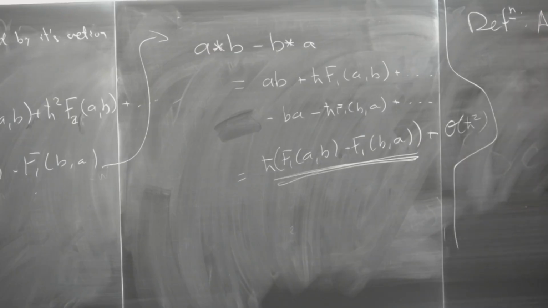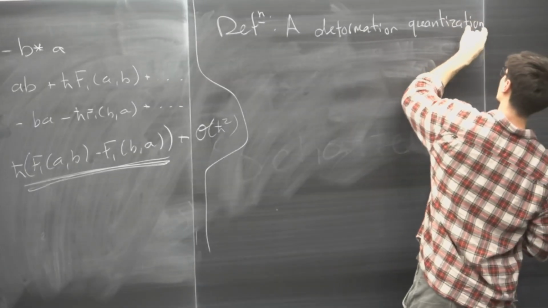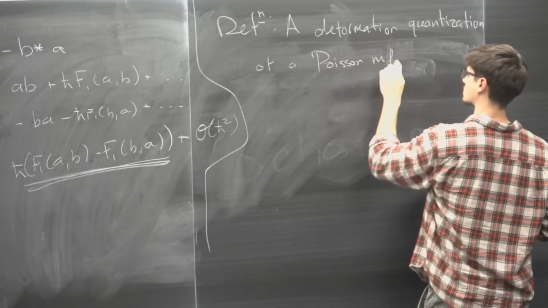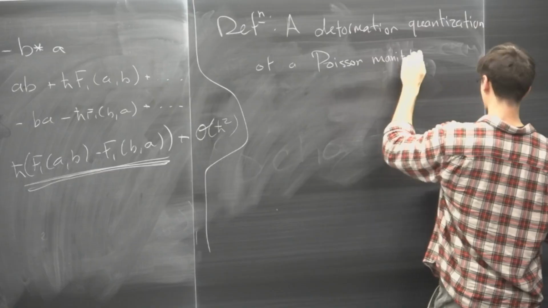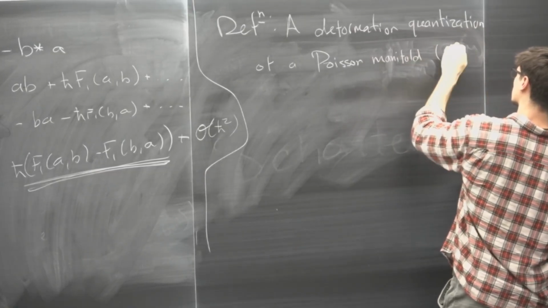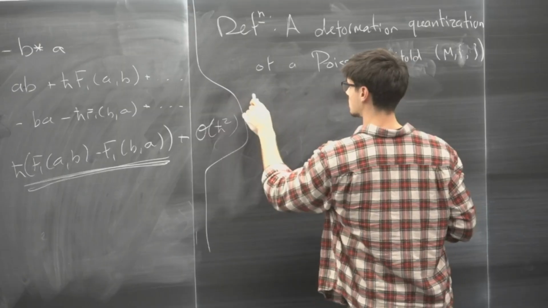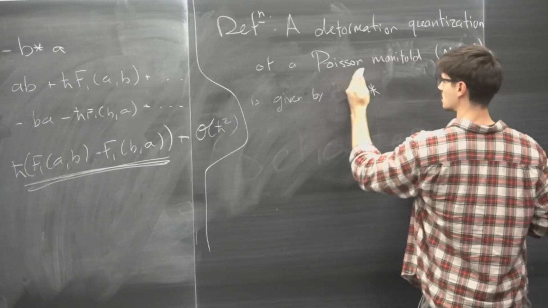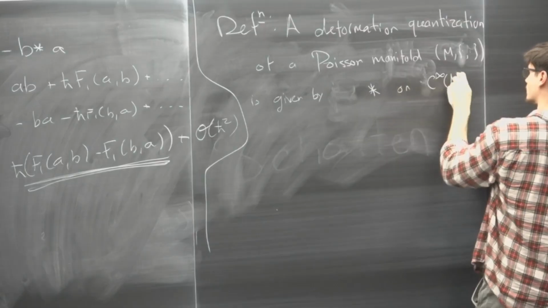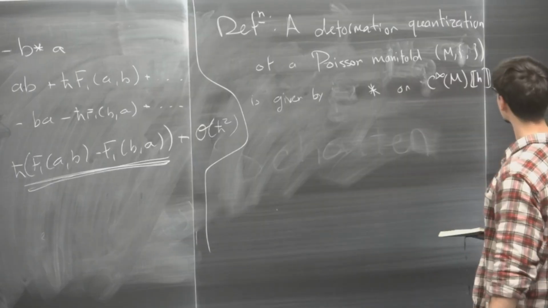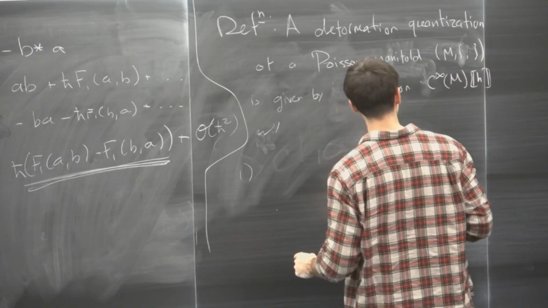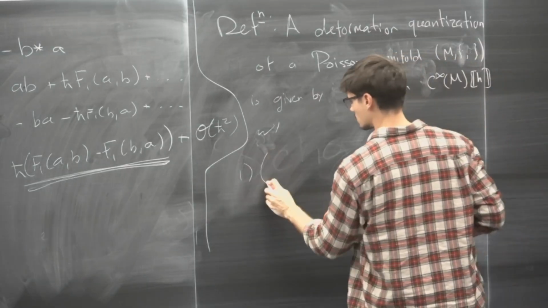The deformation quantization of a Poisson manifold is given by the star product on the smooth functions such that, as we already said, one, this is a deformation.